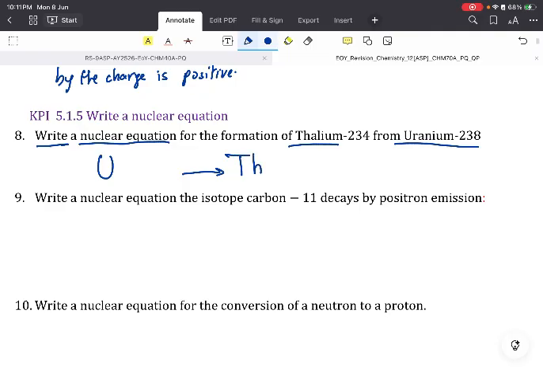If you don't know the formula, you can go and look for it in the periodic table. Now always when they give you the name, they give you the mass number and not the atomic number. Why? Because the atomic number, I can get it from the name. So this one is gonna be here 234, and for the uranium it's 238.